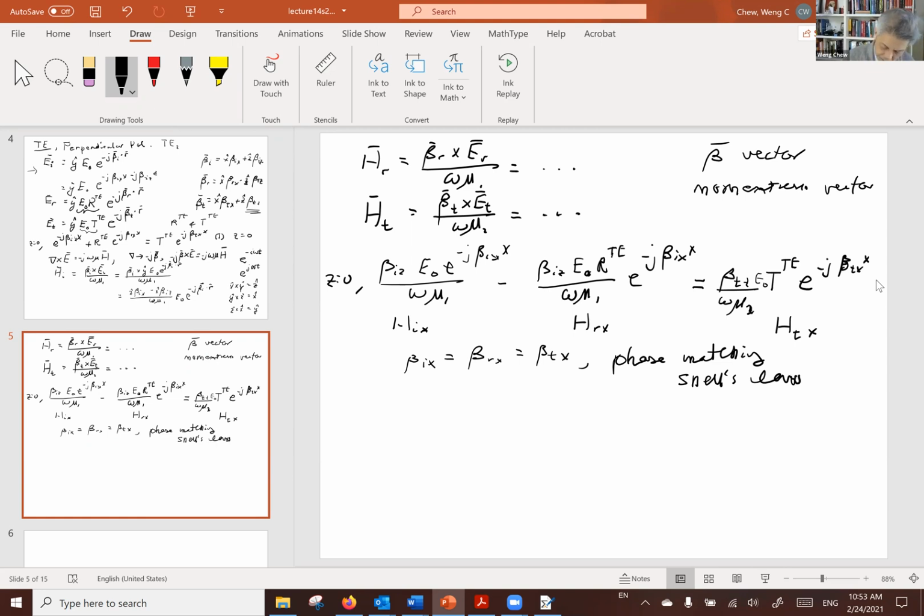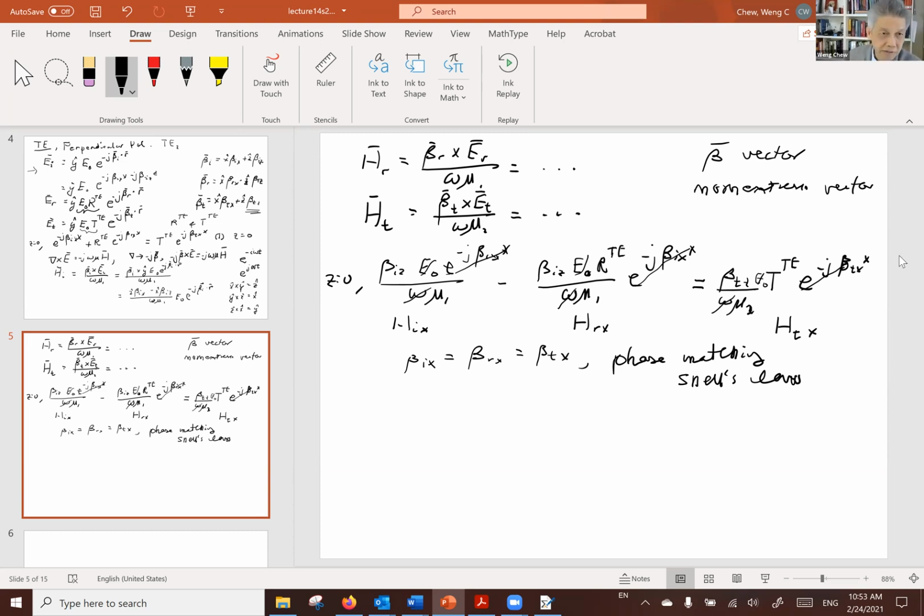But it also allows you to cancel these terms out, because all these are the same expressions now. I can cancel the E naught because it's common to all of them. And then I can almost cancel the omegas out, not the mu's though.